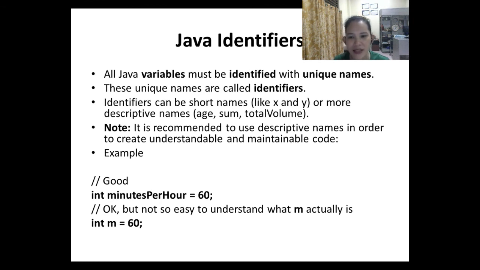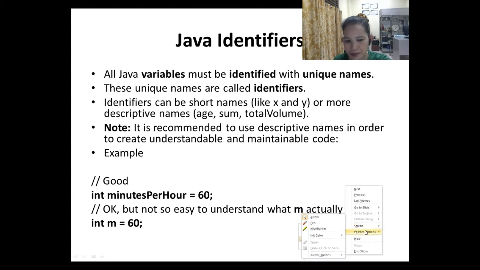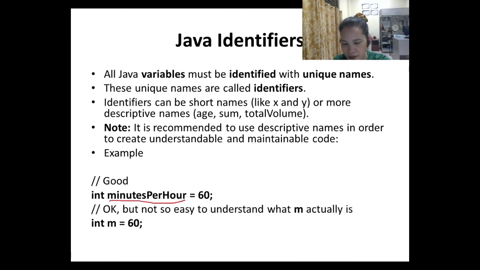Note that it is recommended to use descriptive names in order to create understandable and maintainable code. Example. This is a good example. int minutesPerHour. This is the name of the variable, describing what it is supposed to store.